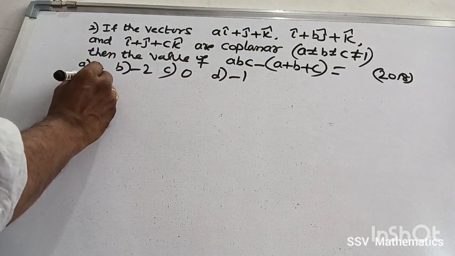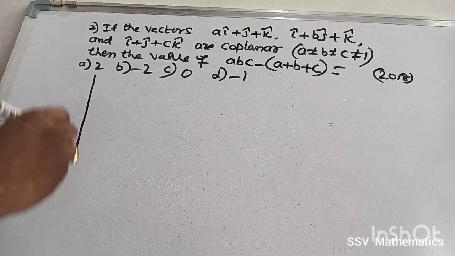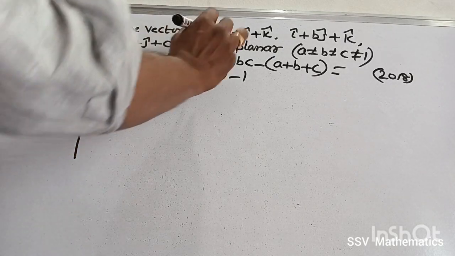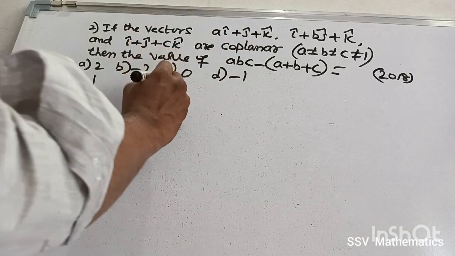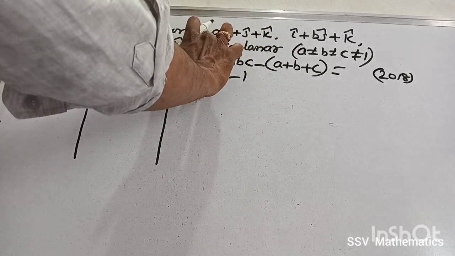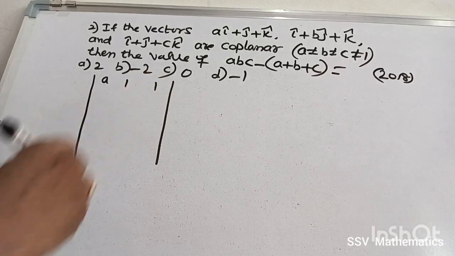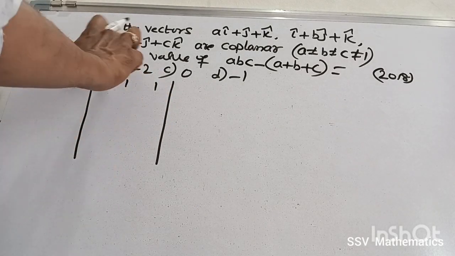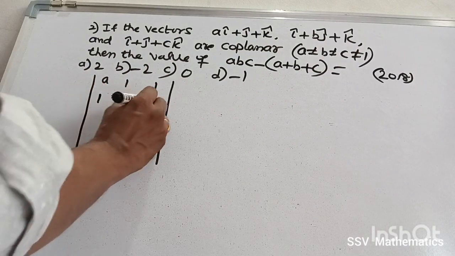So from the definition of coplanarity of three vectors, the determinant is zero. Write the values in the determinant. The first row is the first vector's coefficients: a 1 1. Second row: 1 b 1.